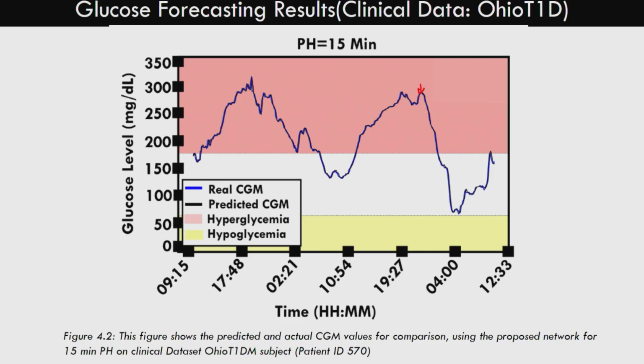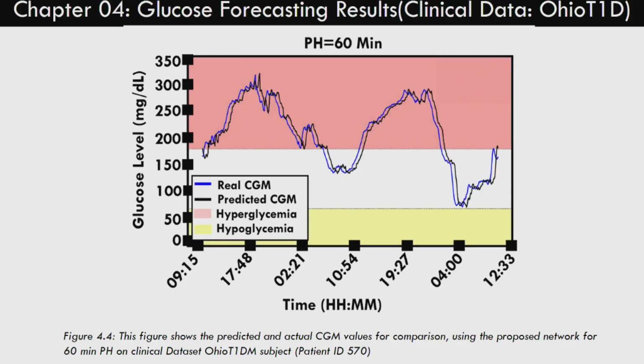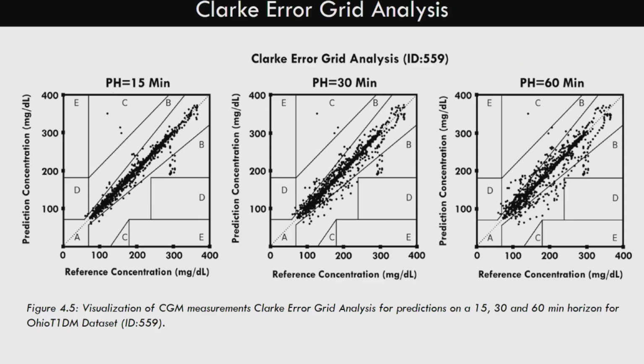In 15 minutes and in 30 minutes there is a small delay, and in 60 minutes there is a delay of only one sample, around 5 minutes if I remember correctly. So, the delay is much better than the previous networks, and at the same time there is also some level of interpretability.